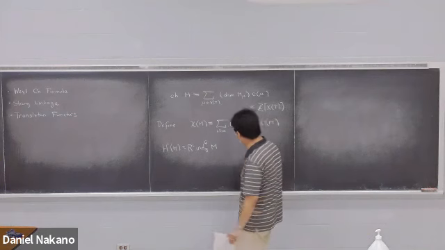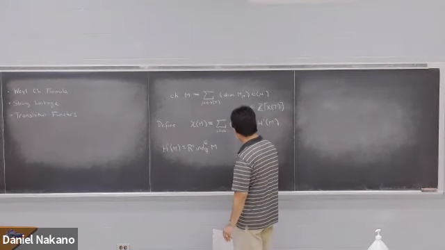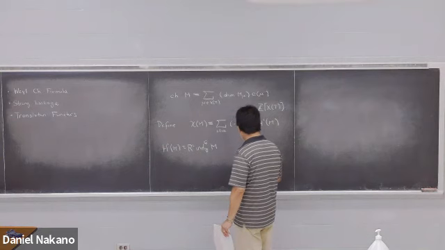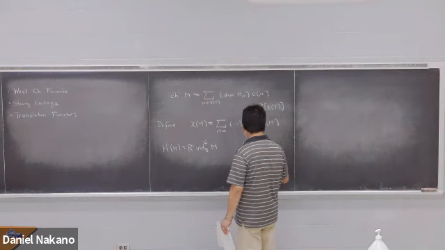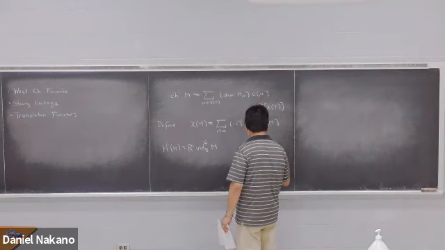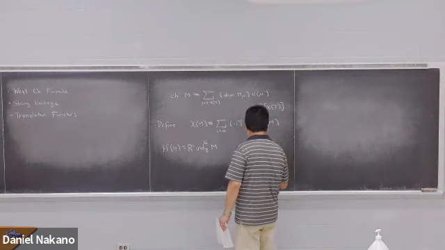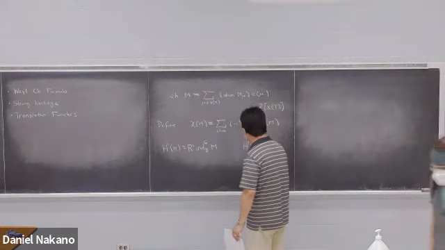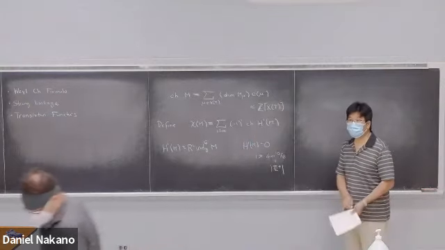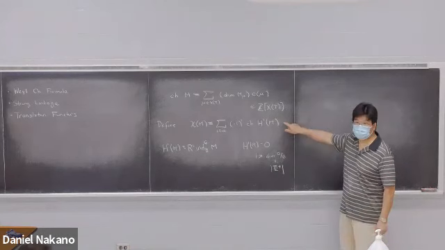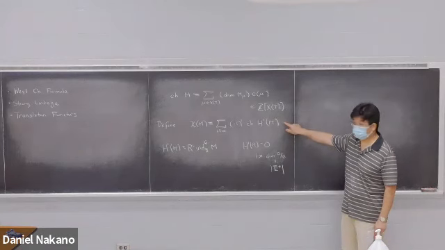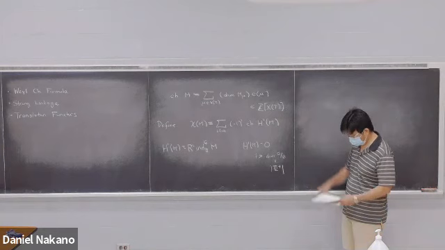We know that H^i(M) is 0 for i bigger than or equal to the dimension of G/B, which is the number of positive roots. Because of that, this is just a finite sum, and so this is well defined.